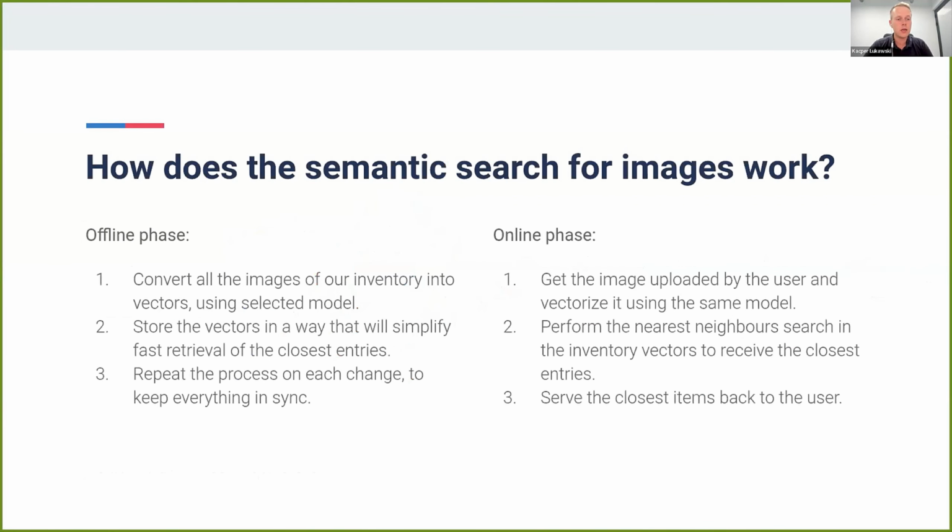Okay, so there are two different processes involved in reverse image search. The first one is an offline phase that you need to perform at least once at the very beginning, because you need to index all the images of the products you sell. So you need to convert all the images into their vector representations and store them in a way that will be efficient to perform the search.